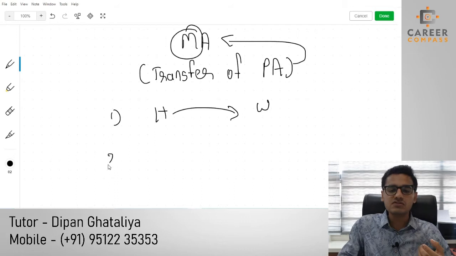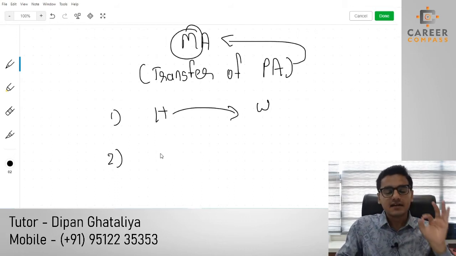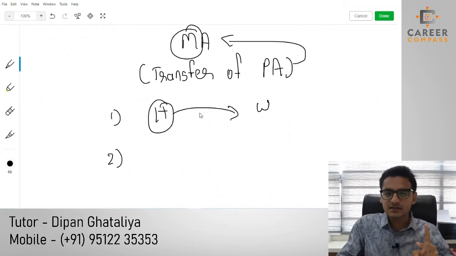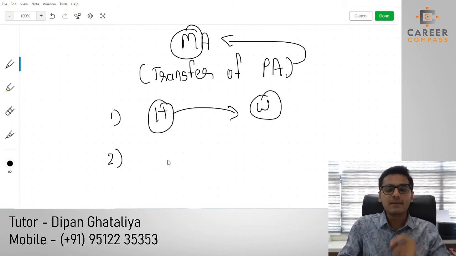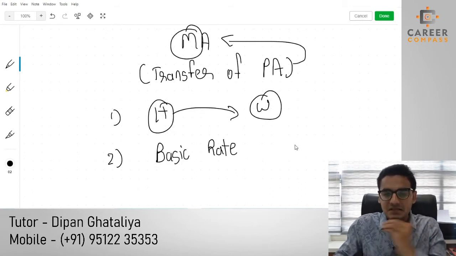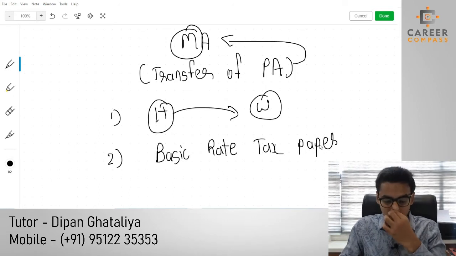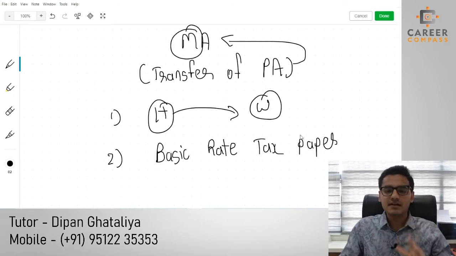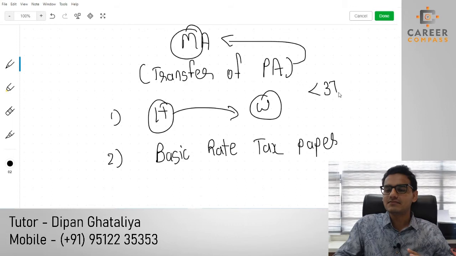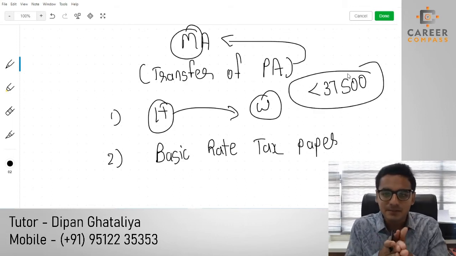The second most important condition, which students usually forget, is that both parties, the husband as well as the wife, have to be basic rate taxpayers. That means both persons' taxable income should be less than 37,500, because that is the maximum limit of the basic rate band.